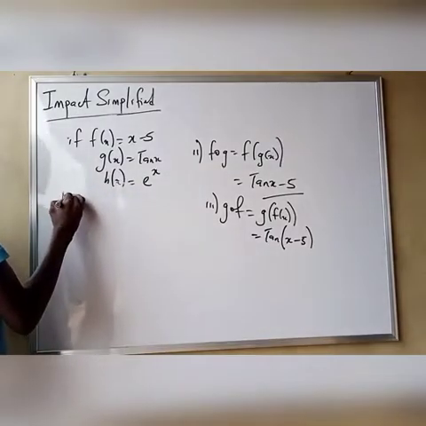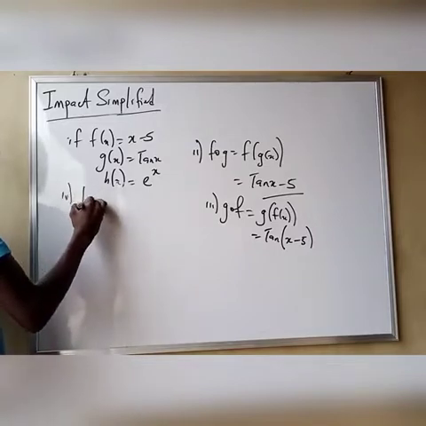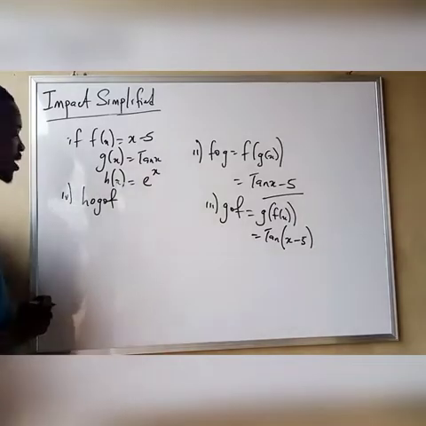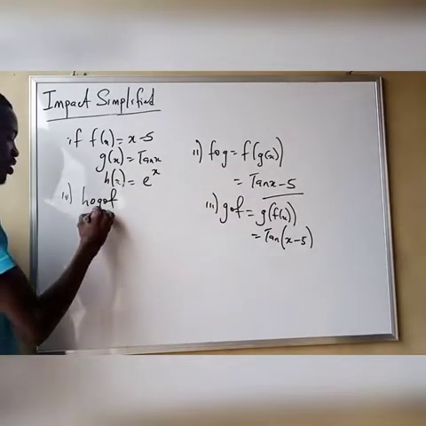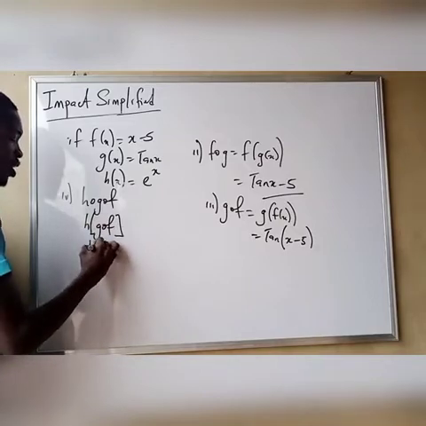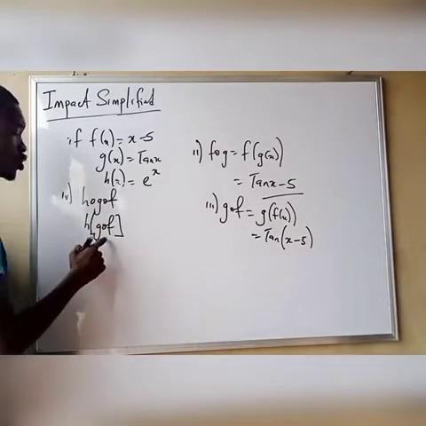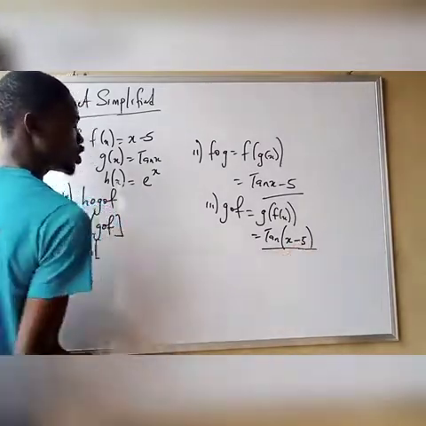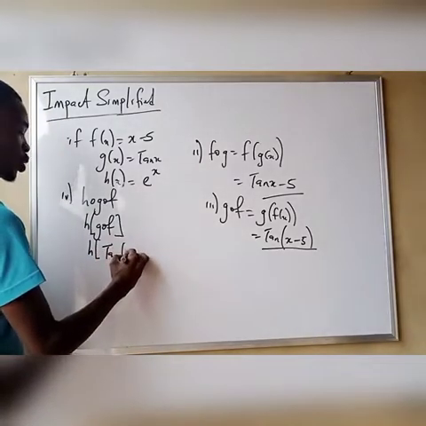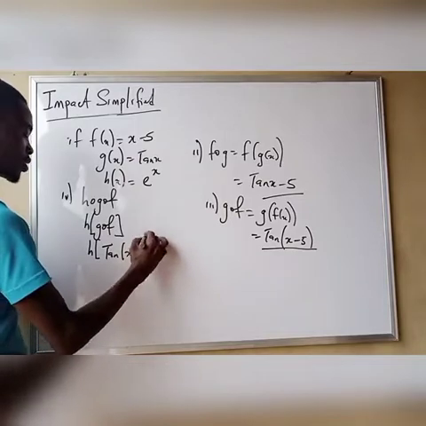Now that's number 4. We are looking for h of g of f. Wow! What is the meaning of this function? That will give us h of g of f. Do we get that? And what is the meaning of h of g of f? Mind you, we have gotten the value of g of f here. And what is the value of g of f? That will give us tan of x minus 5.